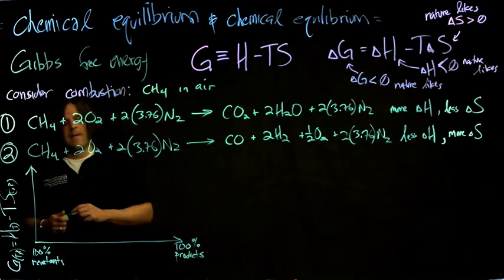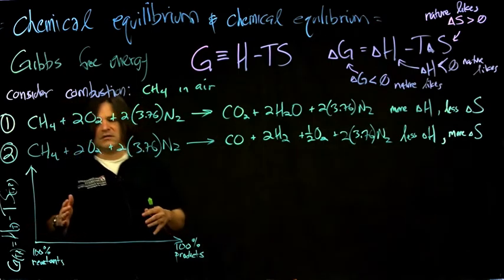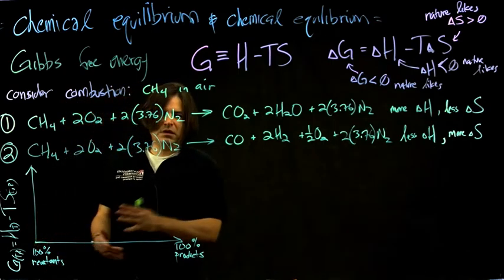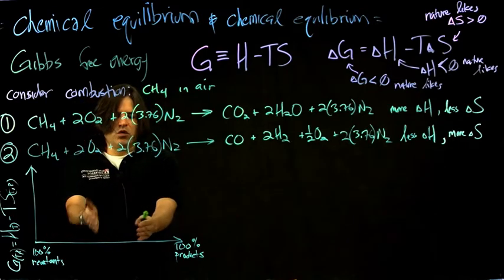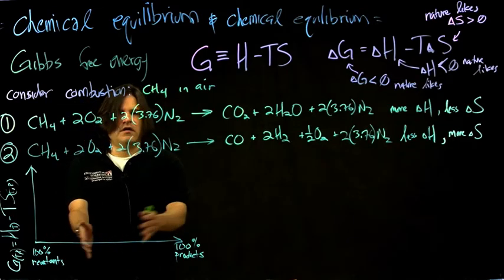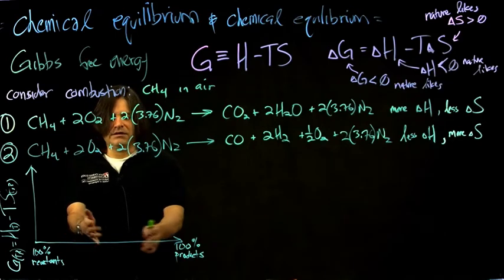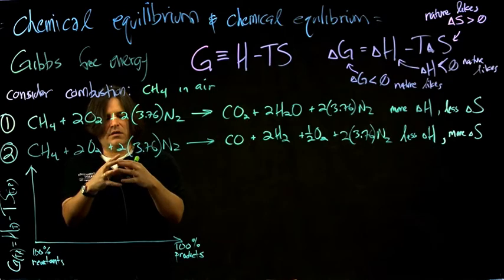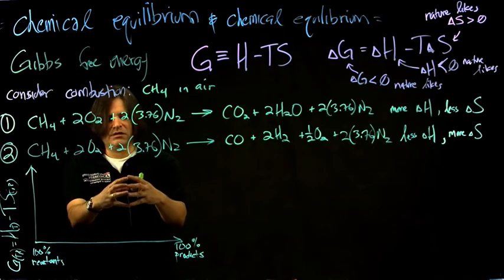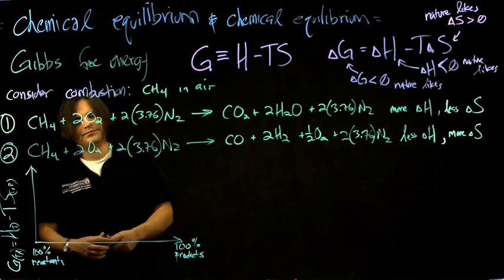So when you're going across there from the origin to going away from the origin on the x-axis, somewhere in between there, it's a mixture of products and reactants. In the same mix, if you have this in a closed chamber, there's a mixture of some methane there still and some oxygen there still.